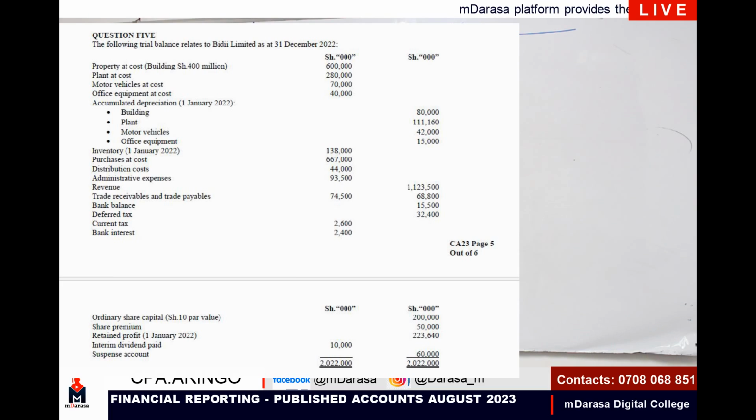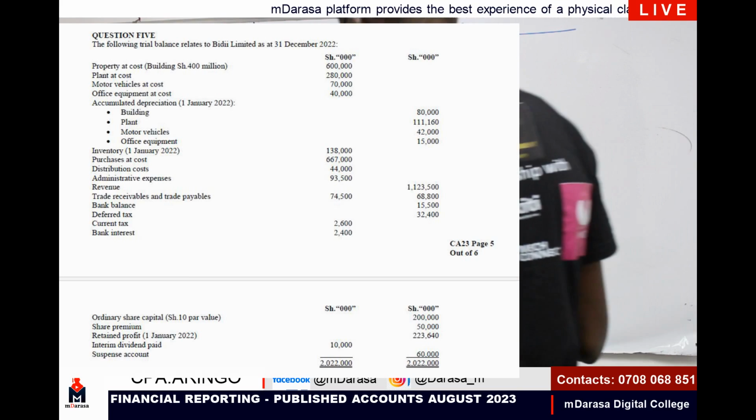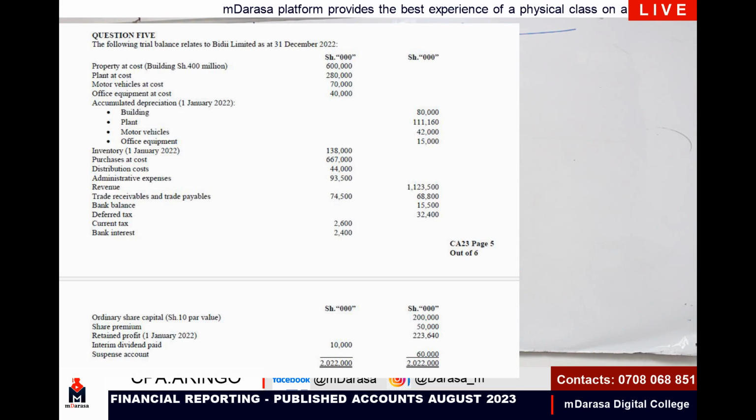So whatever you are going to do here will be simple. We start with our cost of sales, which will be easy. I'm just taking the figures that you are given, my good students. Let us mention this as our cost of sales. These are the guiding values that we'll be using.